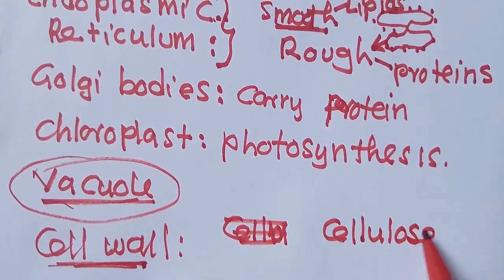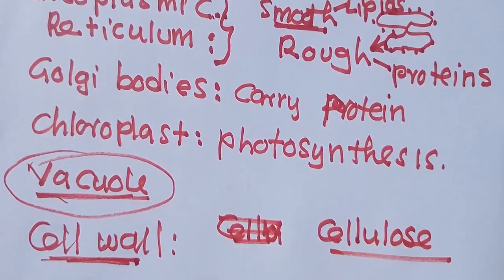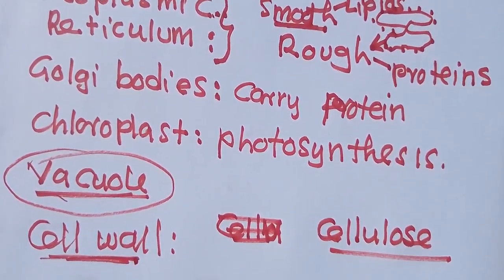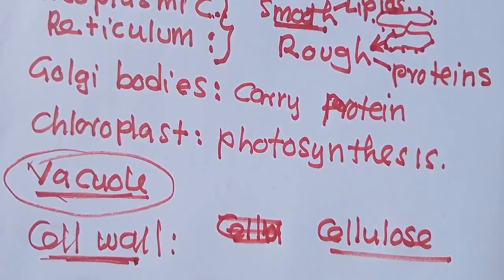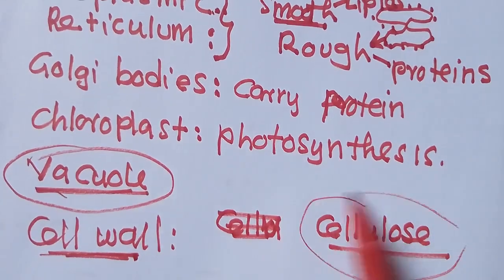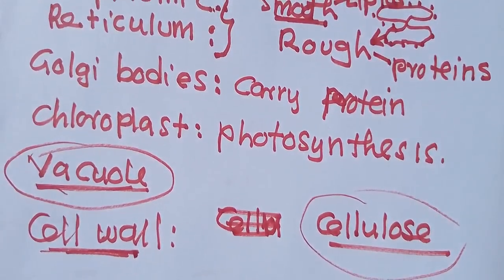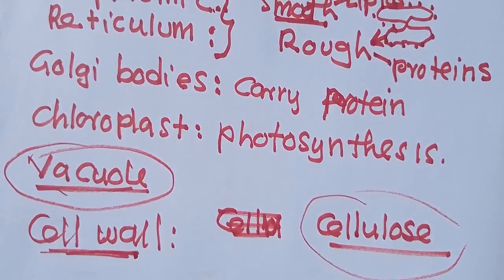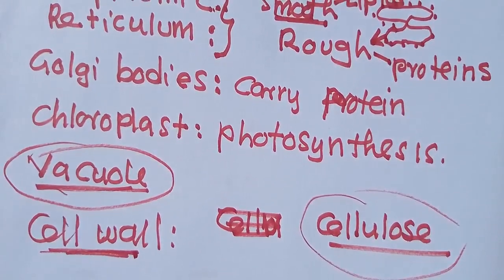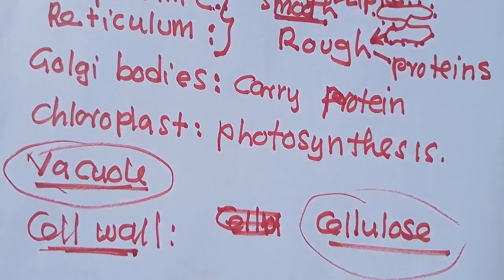It is important for protection against damage and prevention of bursting when the plant cell gains a lot of water. It also gives shape to the plant cell. This is all that you need to understand.